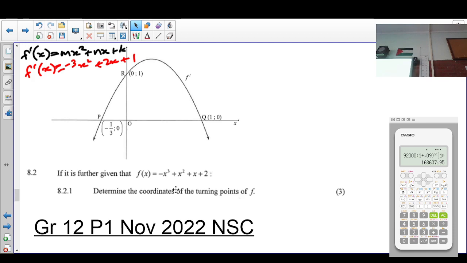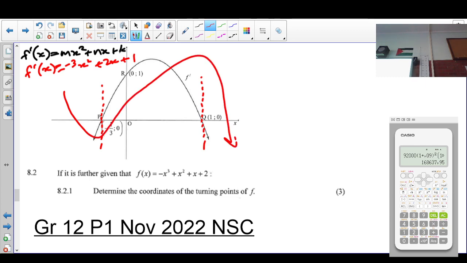So we know the original function is given as this here, so we know the graph is going to turn there, and the graph is going to turn here. The graph turns on its x-intercepts. So it's going to cut at 2. So that is what this graph looks like.